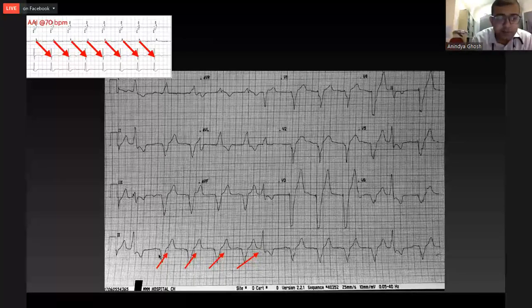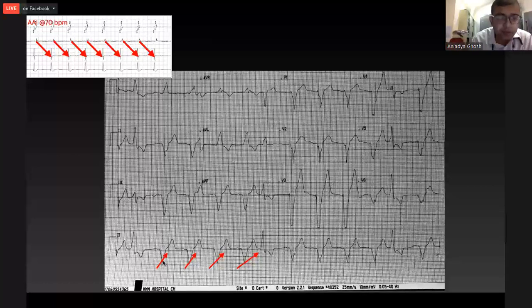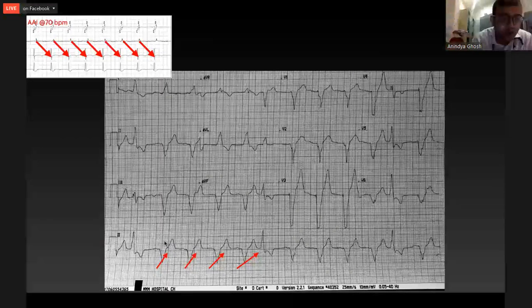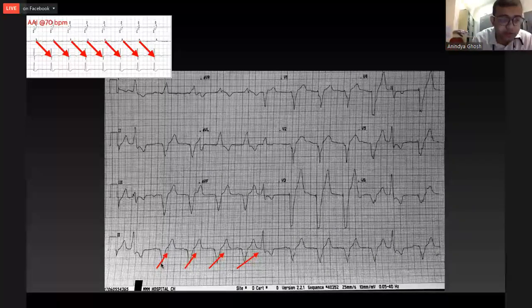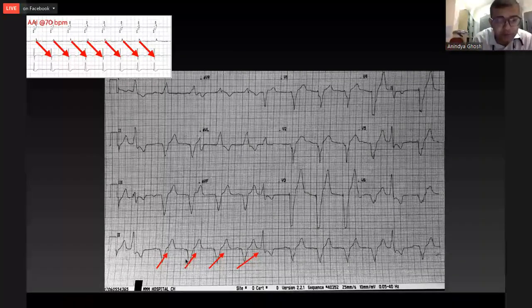What more is seen is that even at 70, we can hypothesize that there was a Wenckebach phenomenon occurring. Every atrial event would go down to the ventricle, but would find it refractory because the ventricular pacing stimulus would lead to a ventricular depolarization. And that ventricular depolarization would have conducted retrogradely to make the AV node somewhat refractory, leading to a Wenckebach phenomenon.